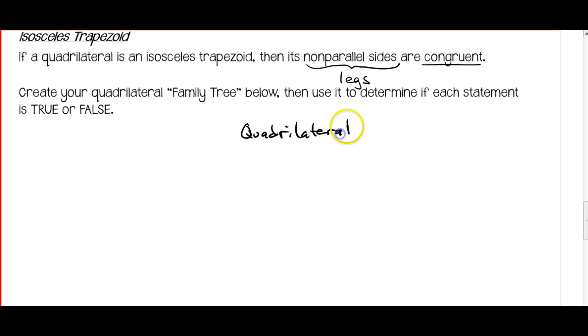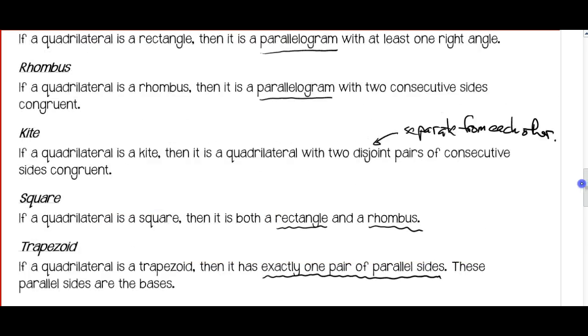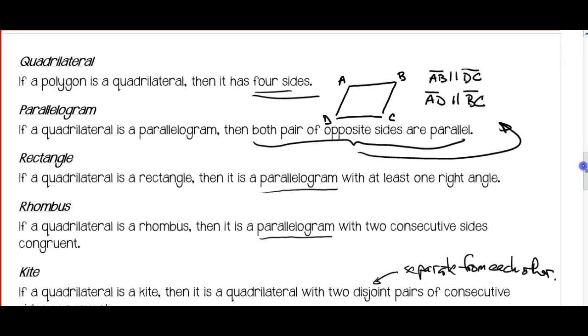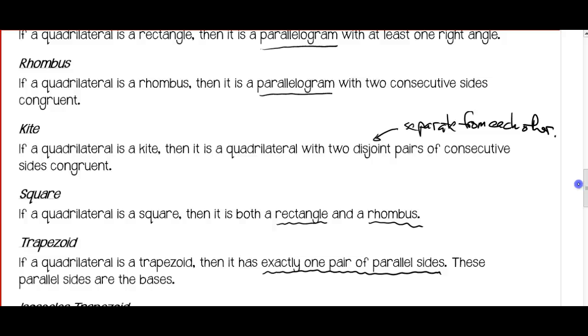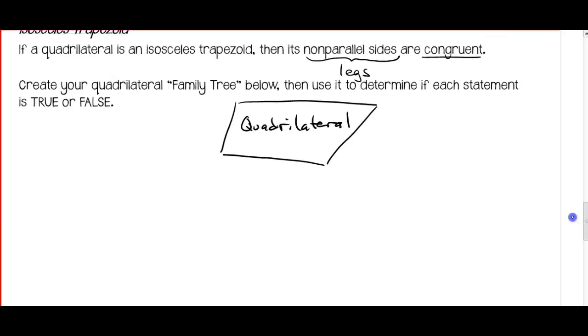Just any four-sided figure, nothing special about it. And from this, you're going to have branches, maybe one, maybe two, I'm not going to tell you. Off of this, you want to put all of these different special quadrilaterals: parallelogram, rectangle, rhombus, kite, square, trapezoid, isosceles trapezoid. So you want to build your family tree.